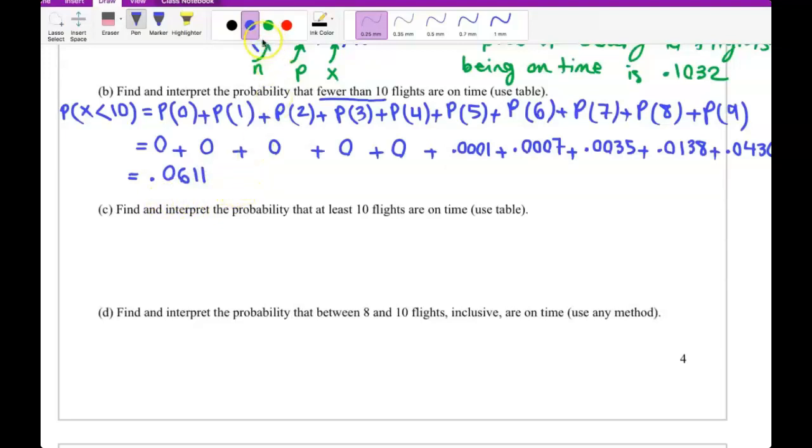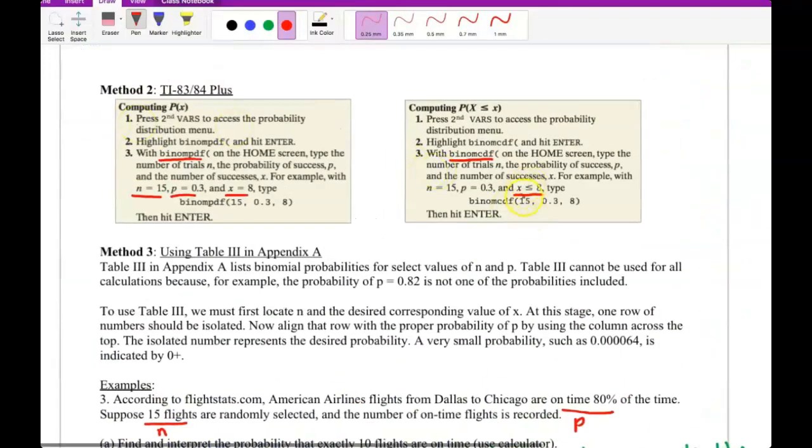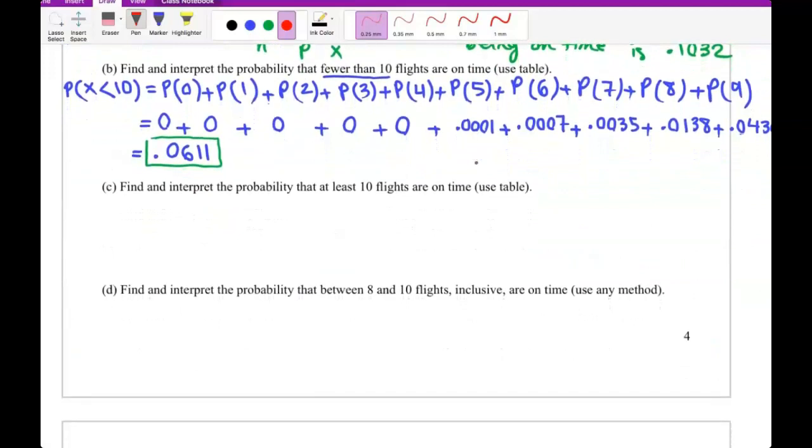Okay, so this was using a table, or we can use calculator. I didn't ask to use calculator, but let's work on that part too. So using calculator, here we have less than, I don't have equal to, based on what we had on top. Here I have less than, so I need to use binomial CDF instead of PDF.